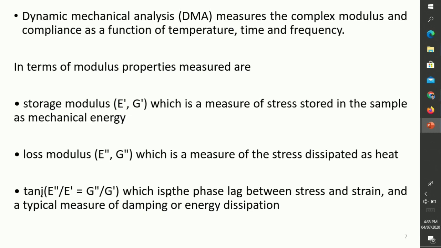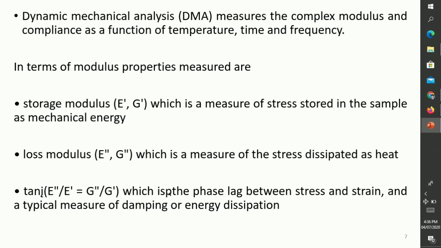Number 2, loss modulus, E double prime or G double prime, which is a measure of stress dissipated as heat.